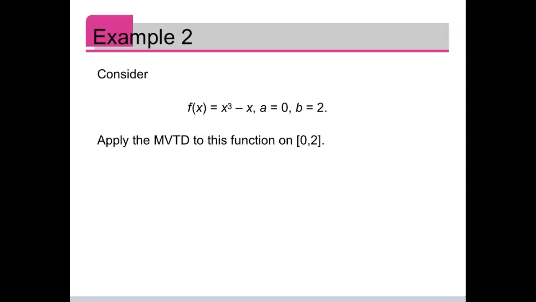By that, what I'm going to do is find the value of c, and find f prime of c, where that equals f of b minus f of a over b minus a.